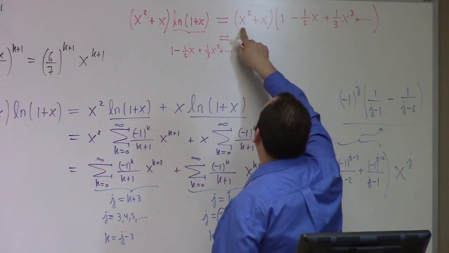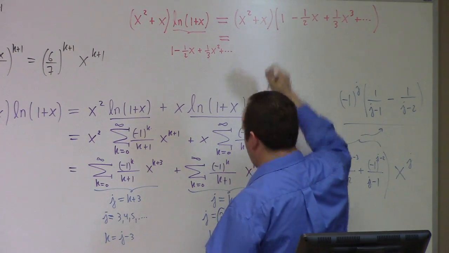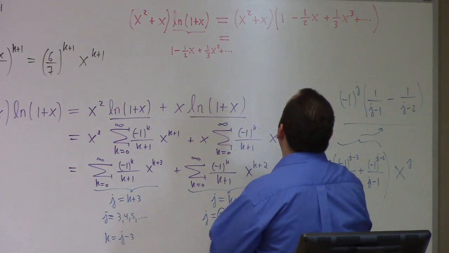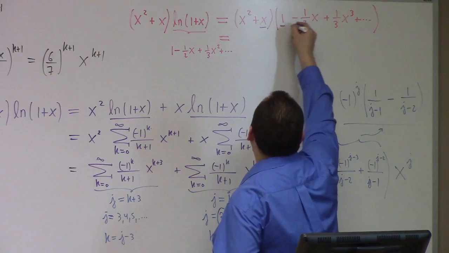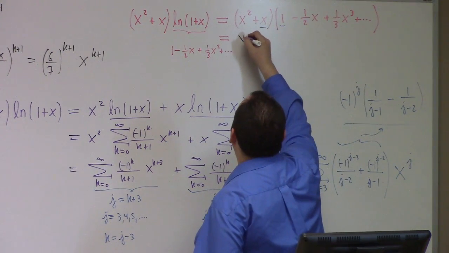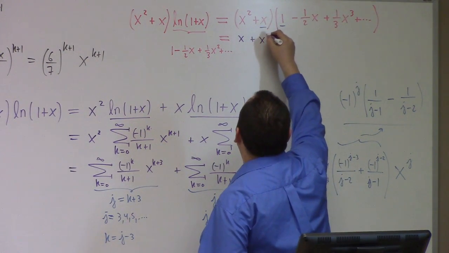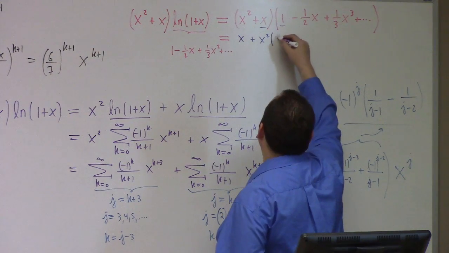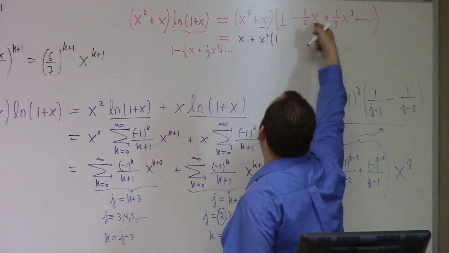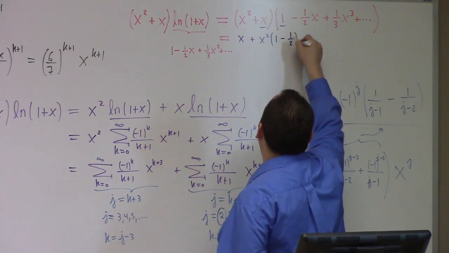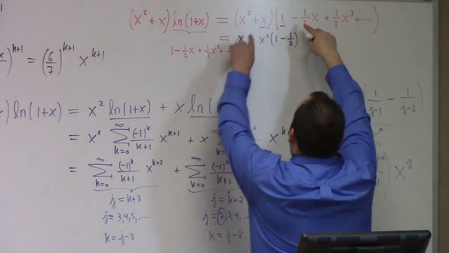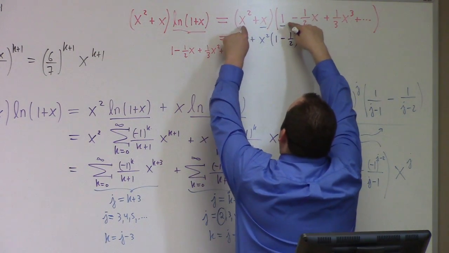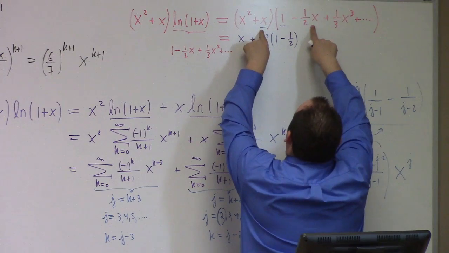Let's see here. So this is, let's see here, what's the lowest term? Just x, right? Yeah. And then let's see here, I like to group things. X squared times what? I've got a 1. And then I've also got this minus 1/2, right? So I've got, for x squared, I've got x squared times 1, but also x times minus 1/2.